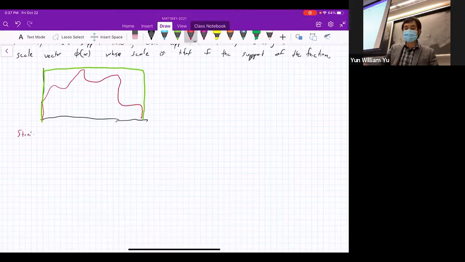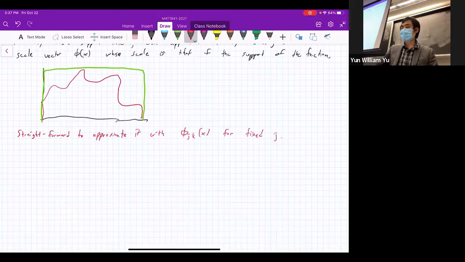So let's see, it's straightforward to approximate with the phi sub jk of x for fixed j, right? So just think of it like a Riemann sum. Of course you can approximate this thing by saying, what's its height here?